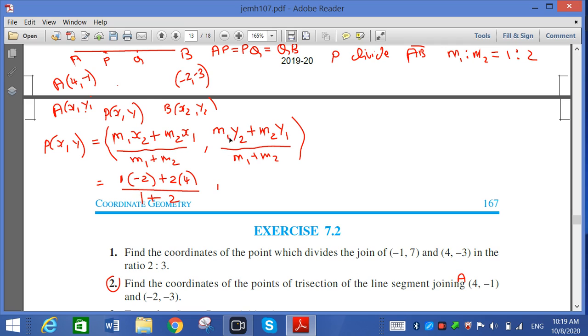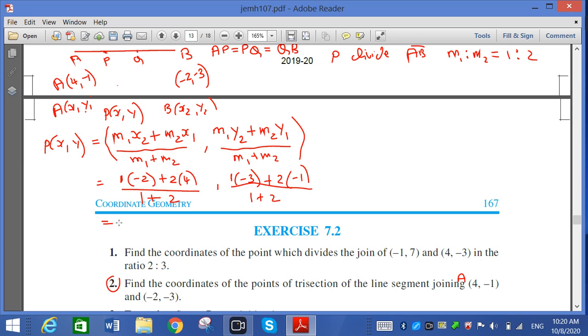Same here, m1 again 1, y2 that is minus 3, plus m2 that is 2, y1 that is minus 1, over 1 plus 2. If we take a wrong value, we will not get the correct answer. But if the method is correct, we can get marks.